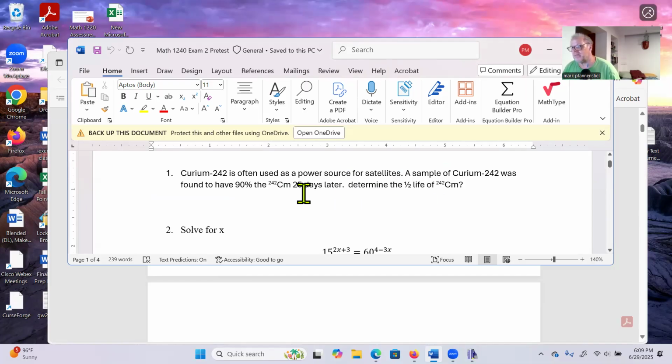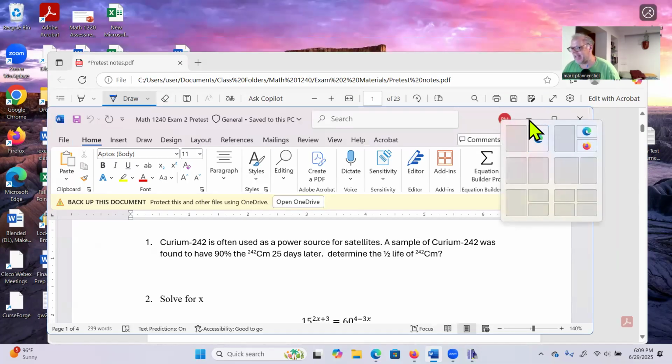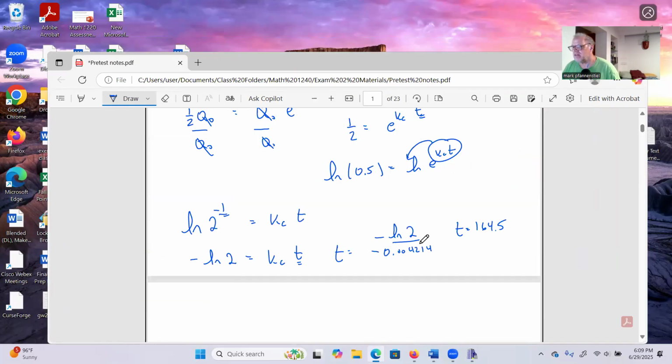So this is still going to be in days. So my half-life of curium is going to be this amount in days. If the information had been given to me in years, it would be years. But since it was given to me in days, we're going to go with t is equal to 164.5 days. So we're going to go ahead and say that's our half-life, and very good.